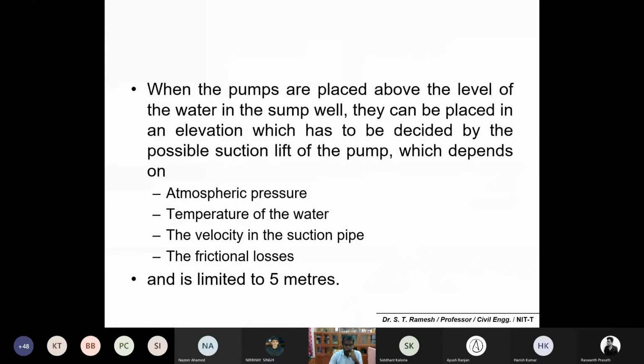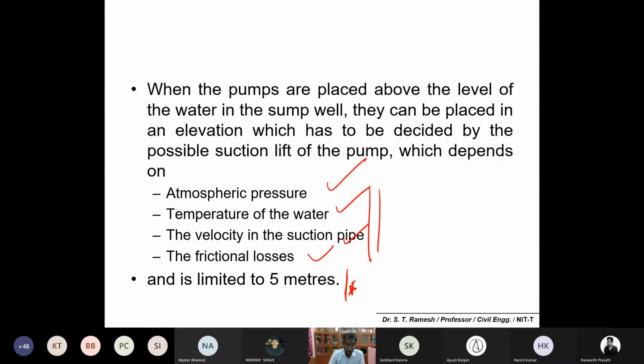Okay, and when the pumps are placed above the water level, they can be placed at an elevation which has to be decided by the suction limit of the pump. Okay, so if you are in a position to place your pumps above the ground, then these are the points you have to consider.